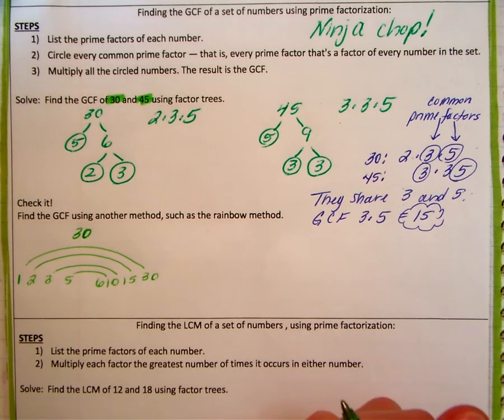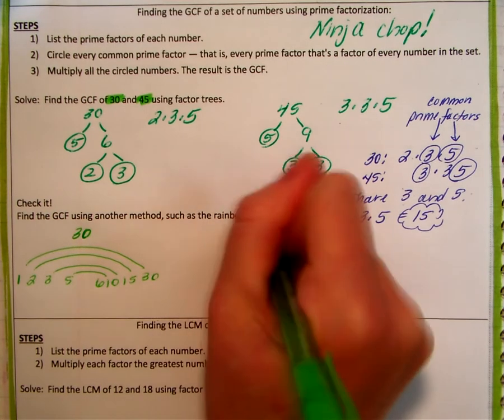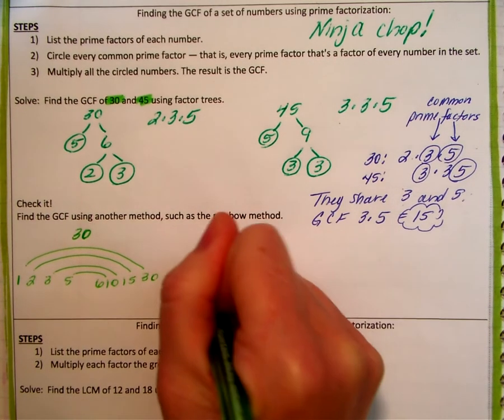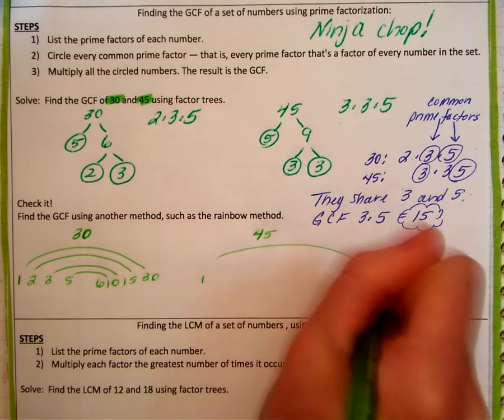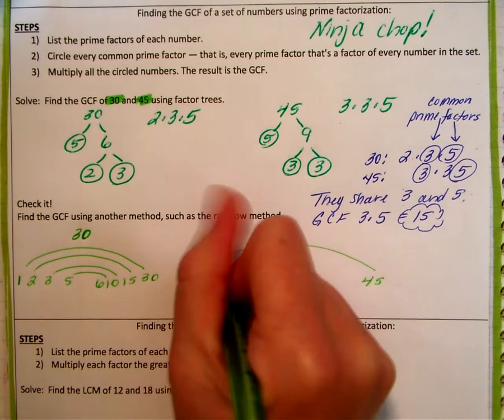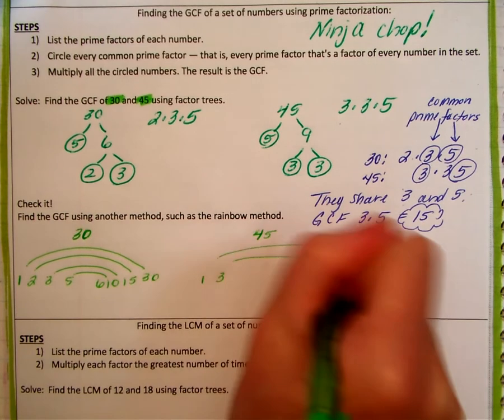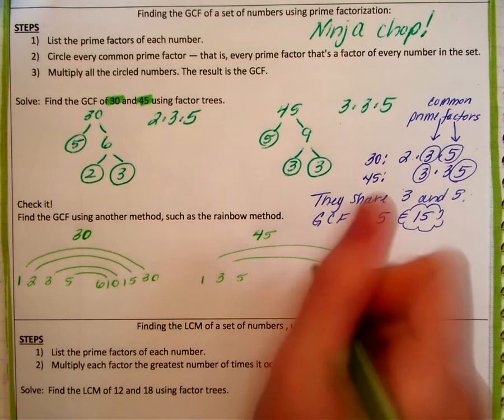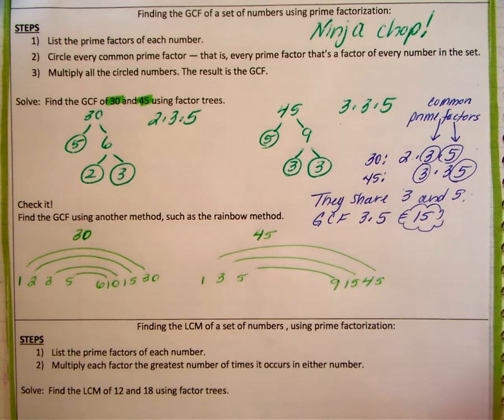Nope, I think we're good. All right, I'm going to do a rainbow for 45. One and 45. 2 doesn't work. 3 and 15. 4 doesn't work. 5 and 9. 6 doesn't work. 7, 8, we're back at 9.